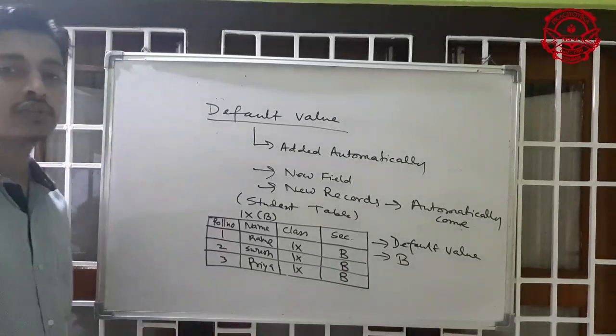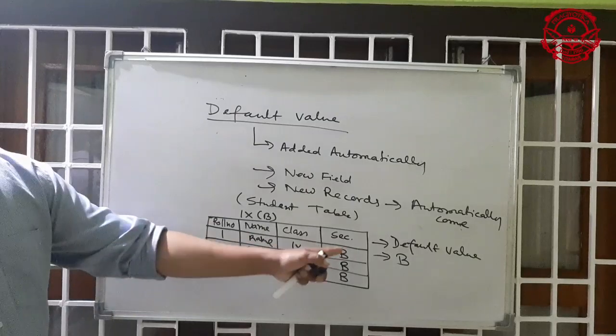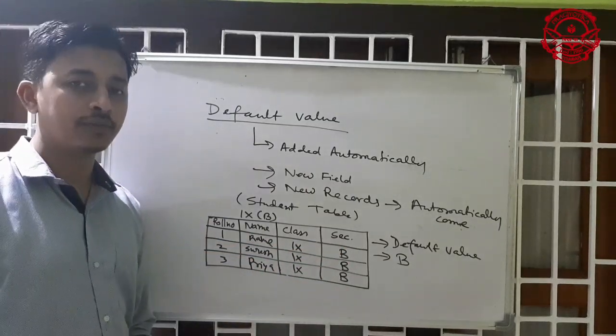All the information is only class 9B. So that's why the B option you can give as a default value.